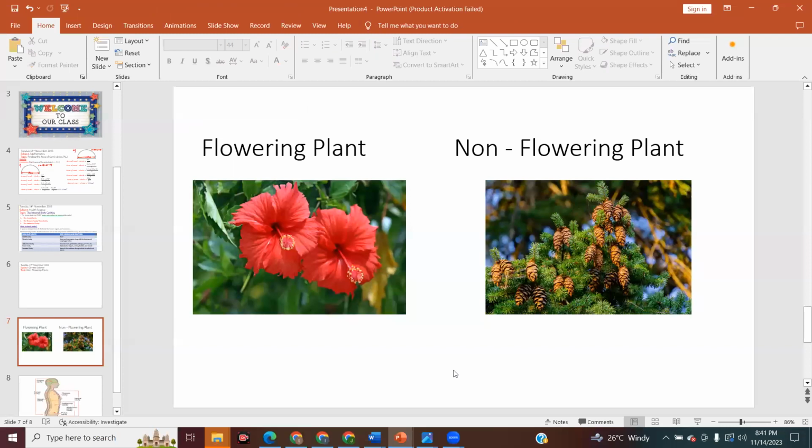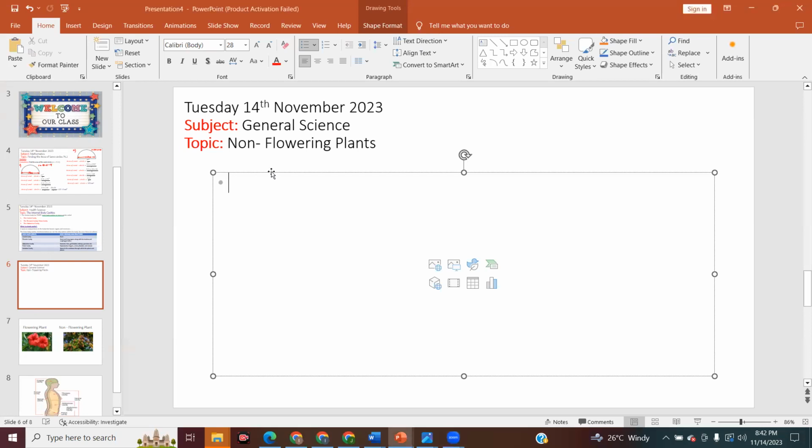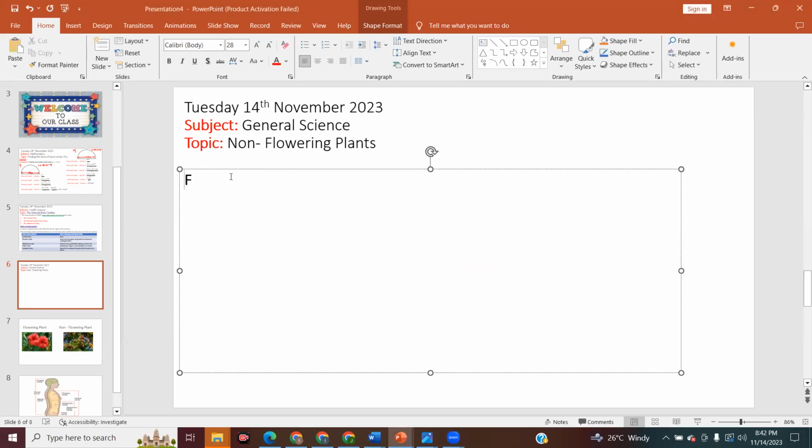All right, so let's look at the definition. Flowering plants bear flowers, but non-flowering plants do not have true flowers.